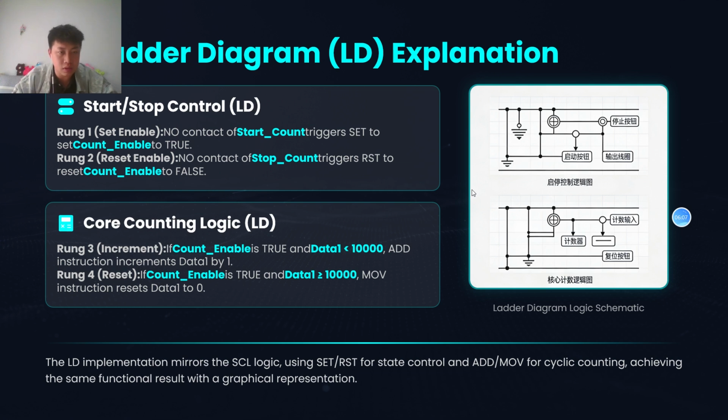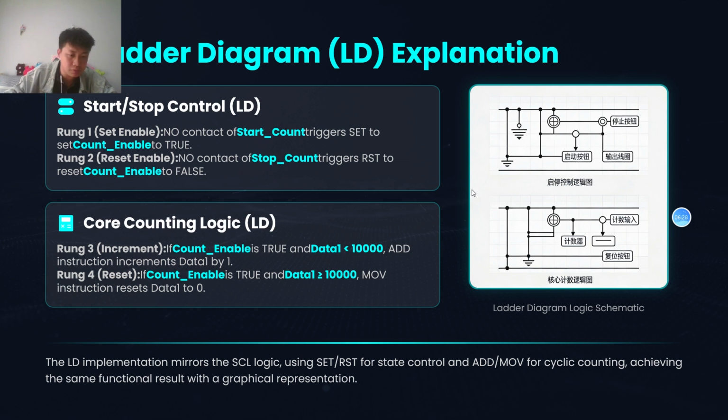And the ladder diagram explanation, you can see the start and stop control and the core counting logic. And you can also see the ladder diagram logic schematic on the right.